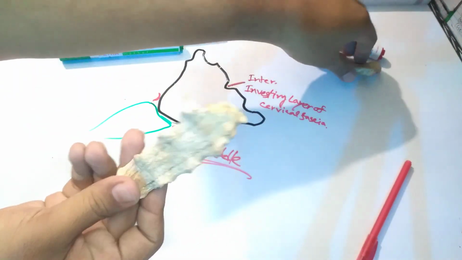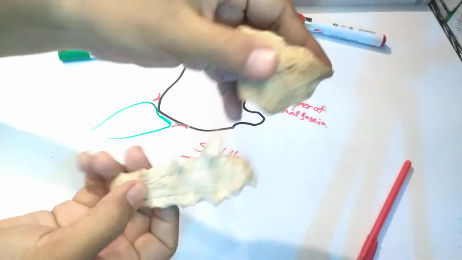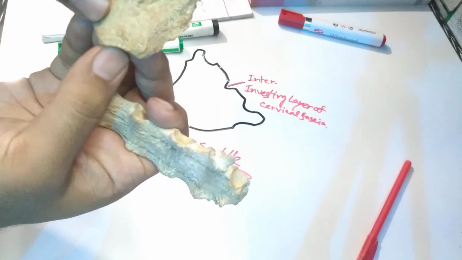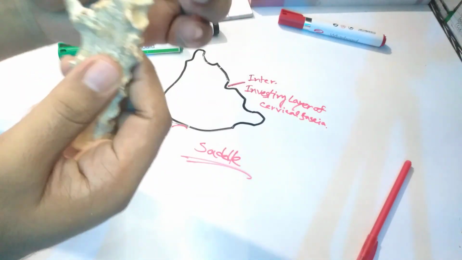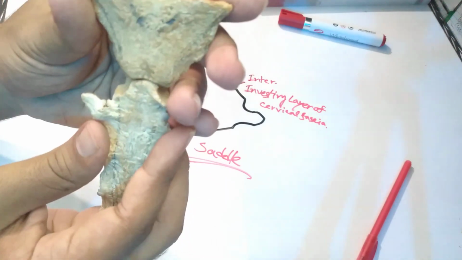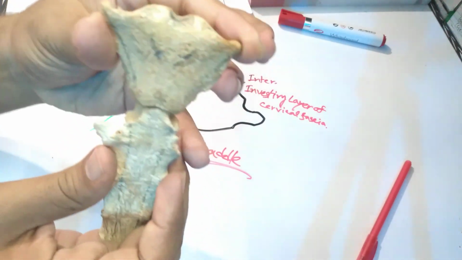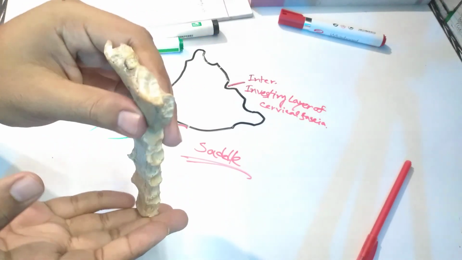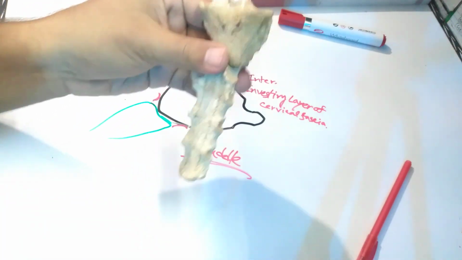This is the body of the sternum and this is the manubrium. The lower border of the manubrium articulates with the upper border of the body this way. It forms the secondary cartilaginous joint.